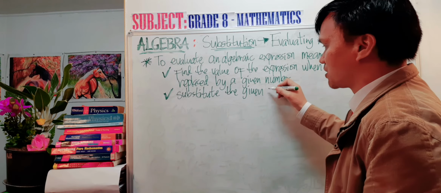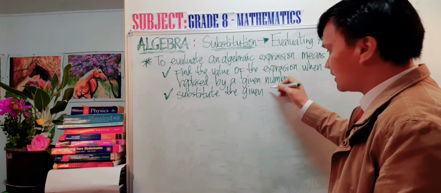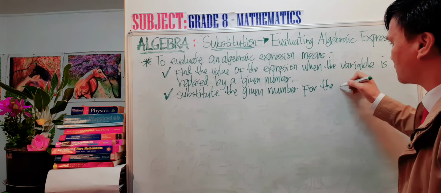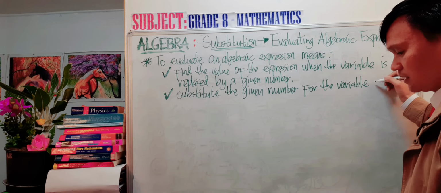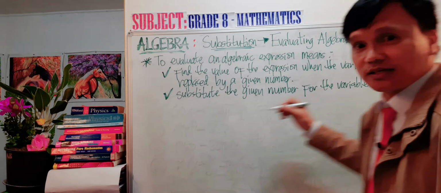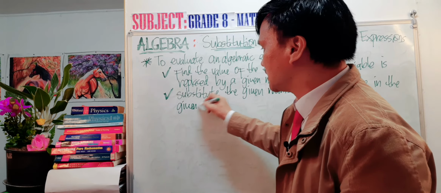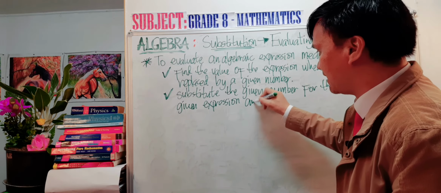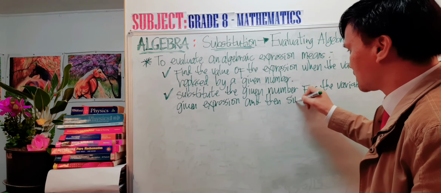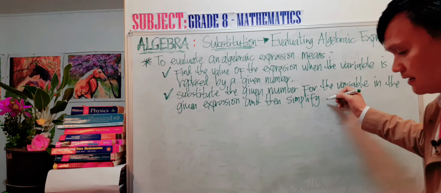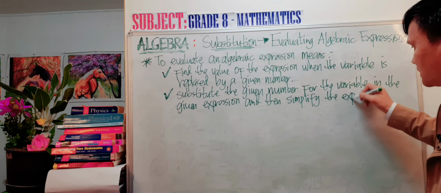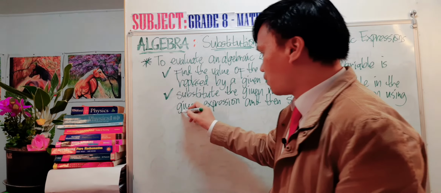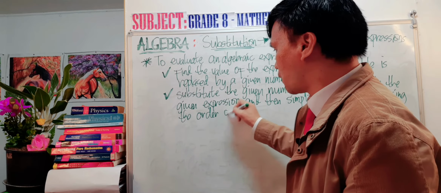So substitute the given number for the variable in the given expression, and then simplify the expression using the order of operations.